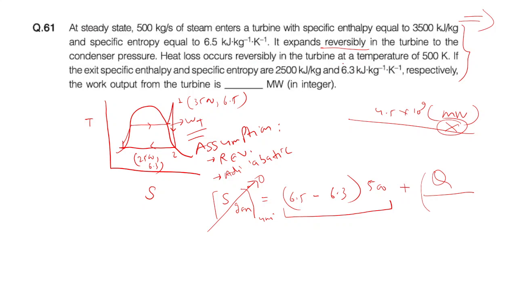Heat loss occurs reversibly at the turbine at a temperature of 500 Kelvin. So the average temperature they are considering is 500 there. You can easily find it here, right?